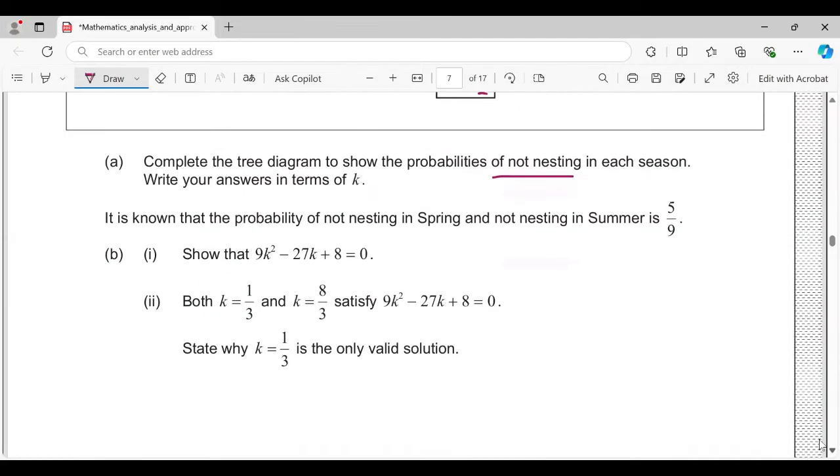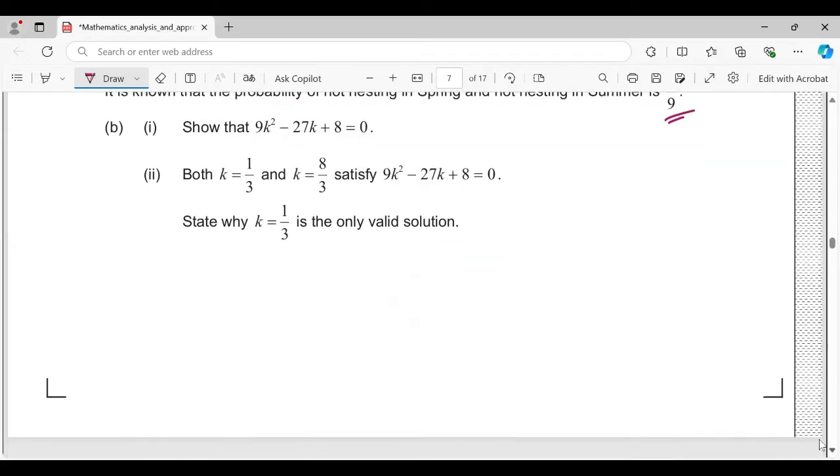Complete. It is known that the probability of not nesting in spring and not nesting in summer is 5 over 9. Show that 9k squared minus 27k plus 8 equals 0. Okay.